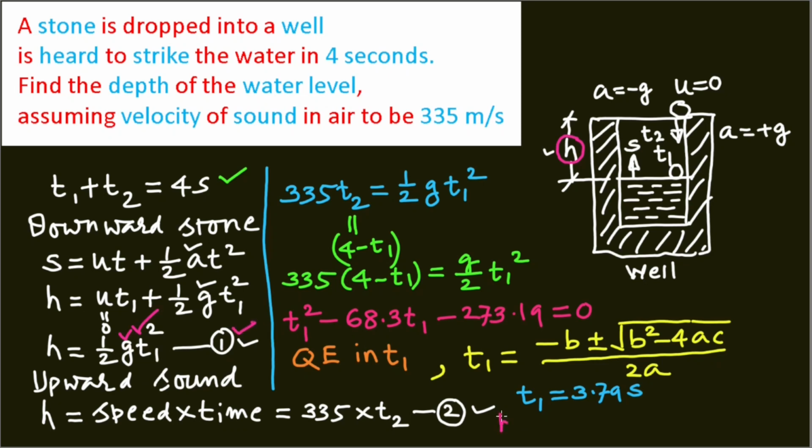We will get h equals half, g is 9.81, t is 3.79 whole square, which after calculation gives us height of the water level to be 70.44 meter. So this is the answer.